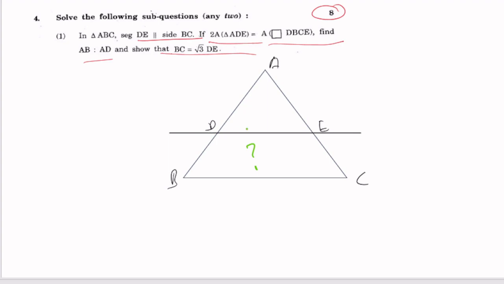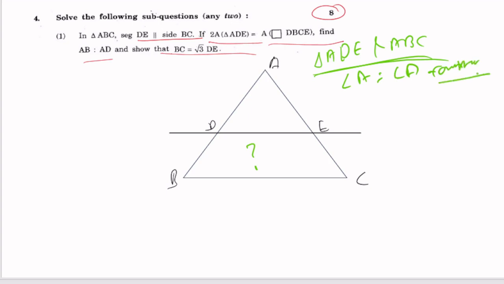The moment DE is parallel to BC, we know that. So let's say triangle ADE and triangle ABC. How can we prove those two triangles are similar? Angle A is common, and angle ADE is equal to angle ABC. Reason behind that?